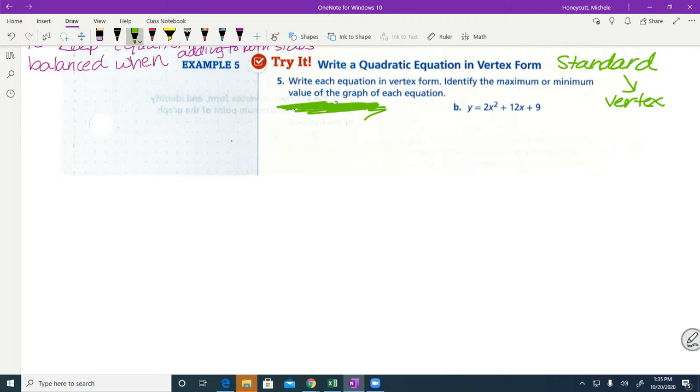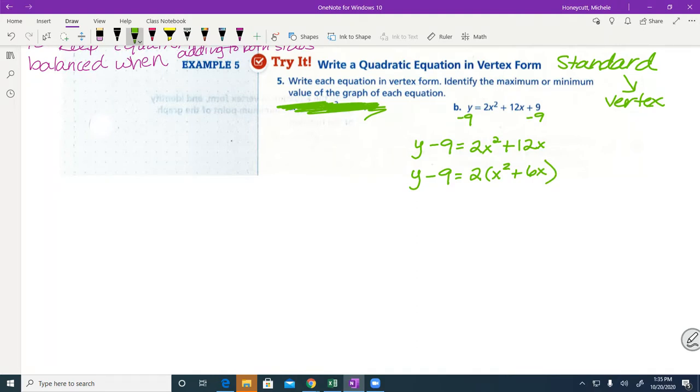So I'm going to work out B. I'm going to write the c on the other side, which means I'm going to subtract 9 on both sides, so that I have y minus 9 equals 2x squared plus 12x. Now, does a equal 1? No, it does not. So I'm going to factor out the a value. Y minus 9 equals 2 times x squared plus 6x.